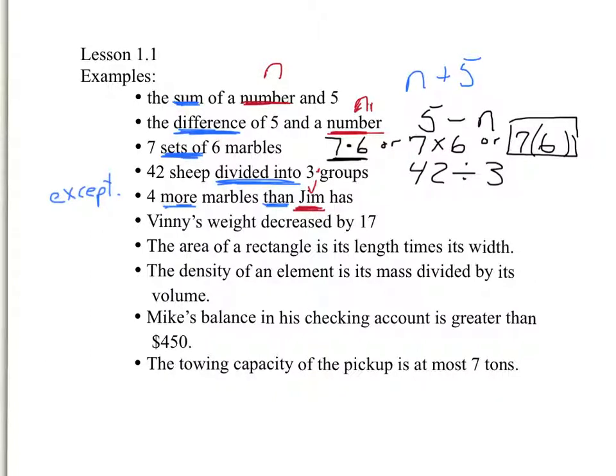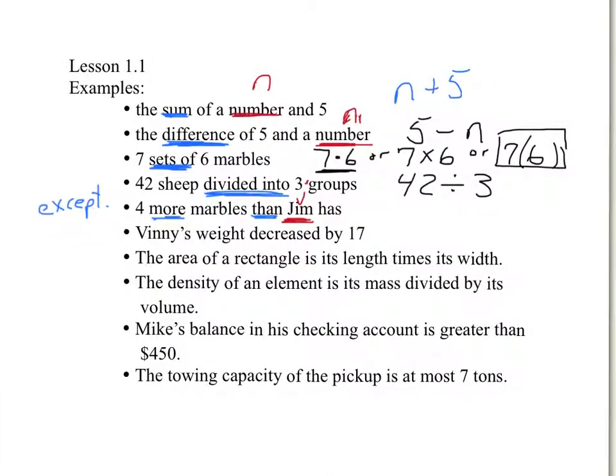So instead of writing this as 4 plus j, I'm going to write it as j plus 4. The reason I write it that way is because we have Jim's marbles and then we have 4 more, so I had to add 4.